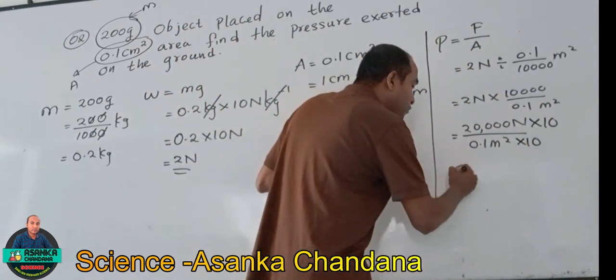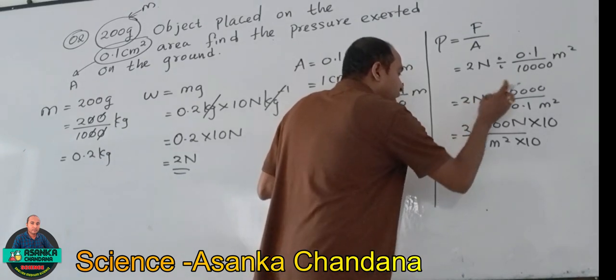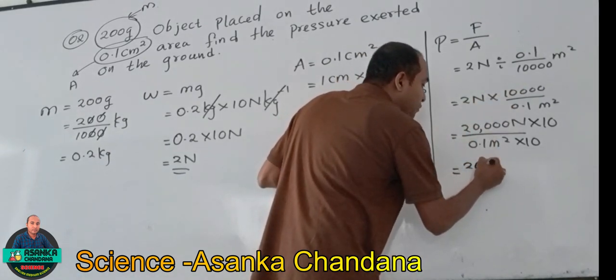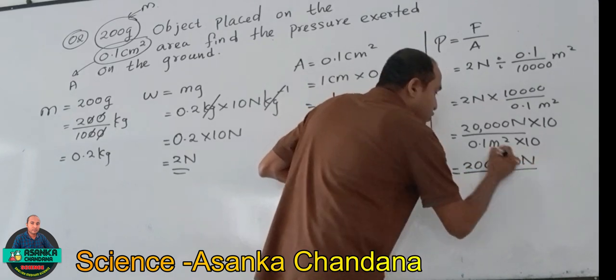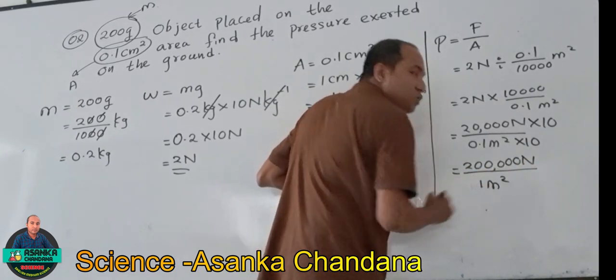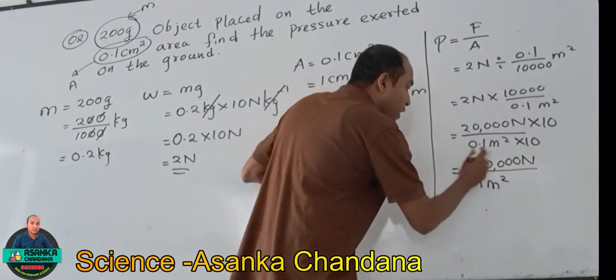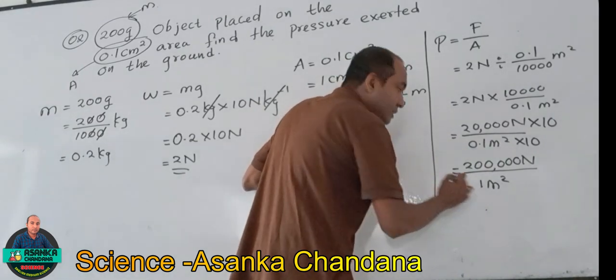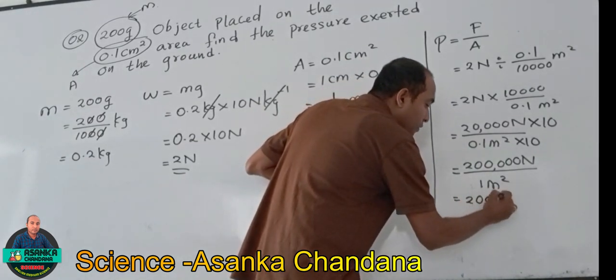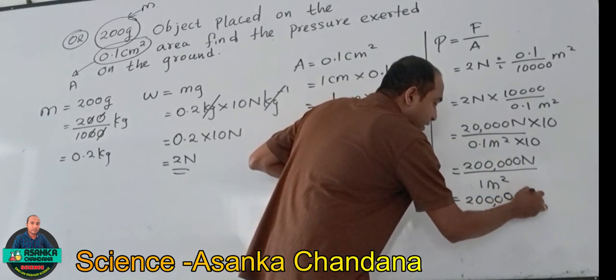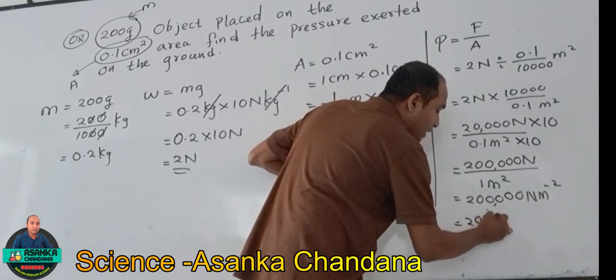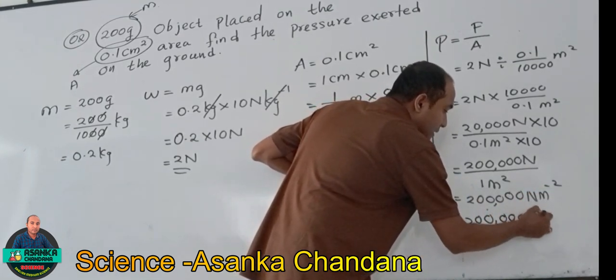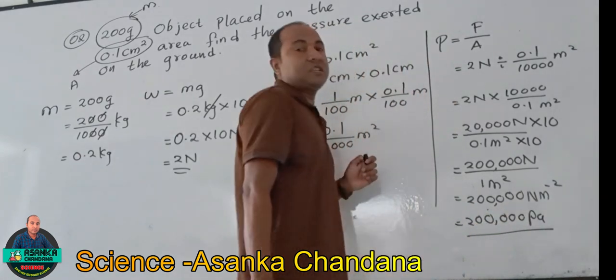After that, 20,000 times 10 is 200,000 Newton divided by 1 square meter. When 200,000 is divided by 1, the answer is 200,000. Unit is Newtons per square meter, it's 200,000 Pascal. This is the answer for this question.